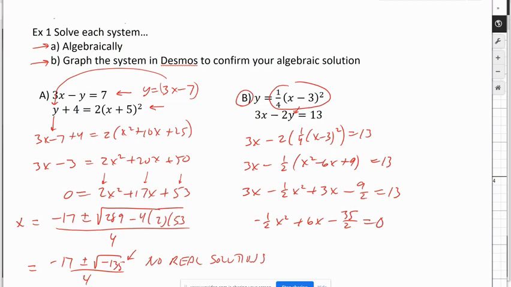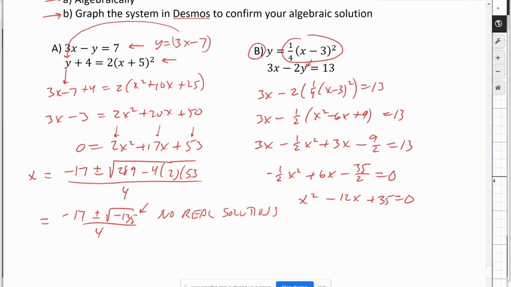And then if we multiply both sides by 2 to get rid of the fractions, or by negative 2, then we have a quadratic: x squared minus 12x plus 35 equals 0.